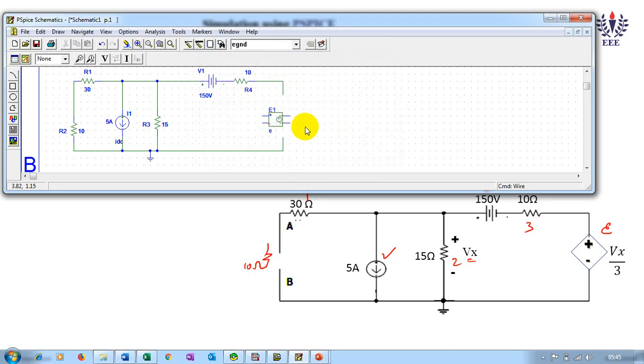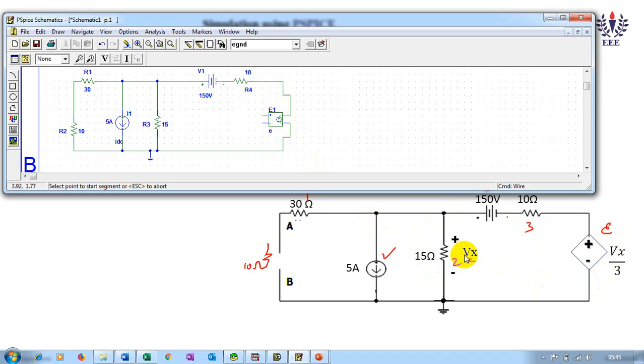Now, the one in the circle is a dependent parameter. You can see here, positive is at the terminal, negative is at the bottom. So this is same as the one which has been encircled. From this, positive is connected to one end of the terminal, and negative is connected to a common ground. Then where is the dependent parameter? The dependent parameter is Vx. Where is Vx in the circuit?